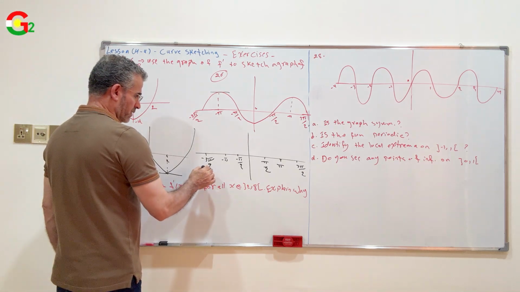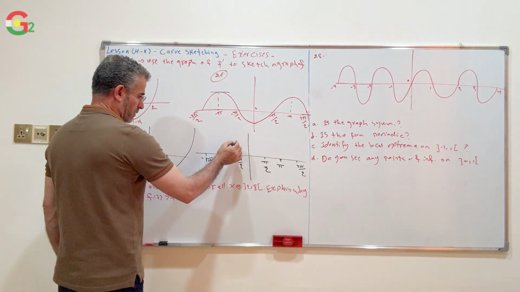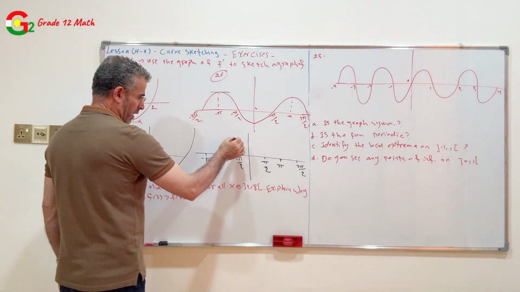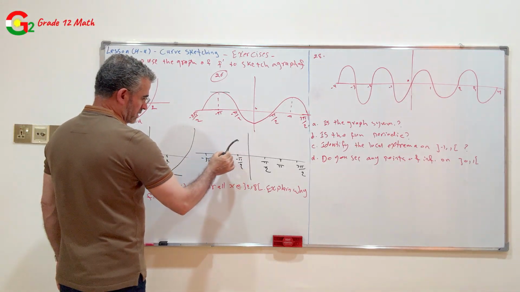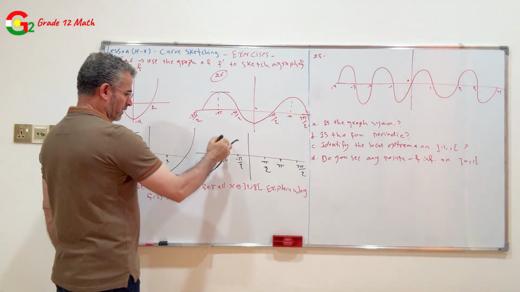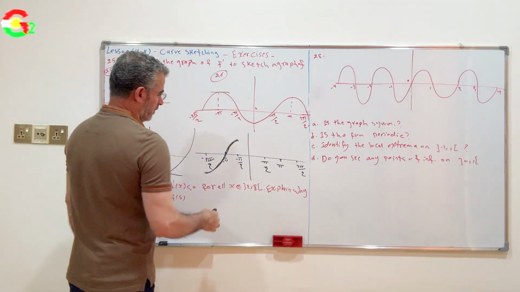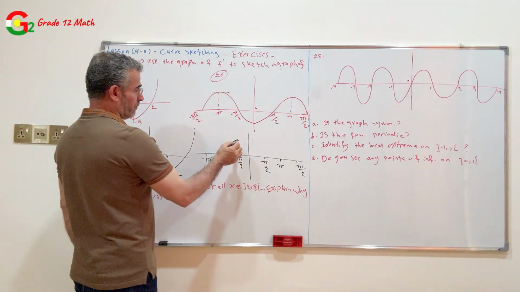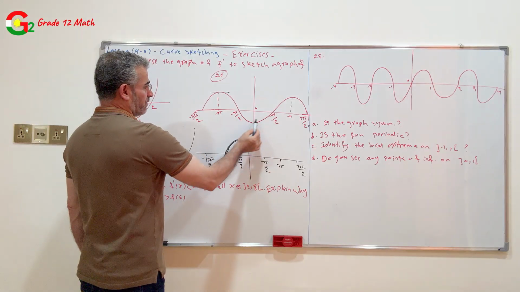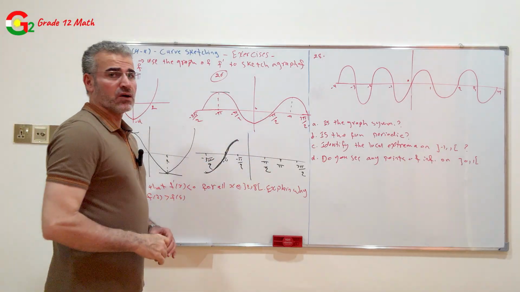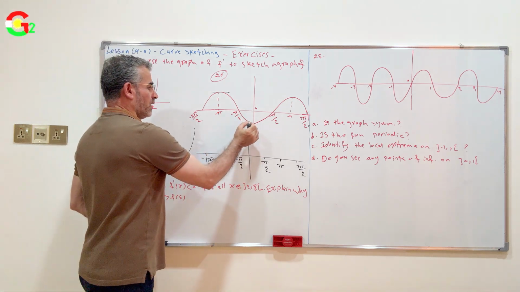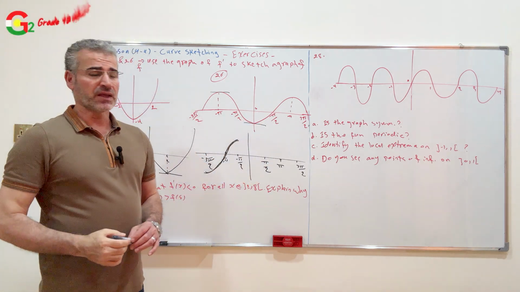Therefore, the function looks like this: convex, concave before negative pi, increasing from negative 3 pi over 2 to negative pi over 2, decreasing from negative pi over 2 to pi over 2, since the graph of the first derivative is under the x-axis, and the function has a horizontal tangent line at x equals 0.